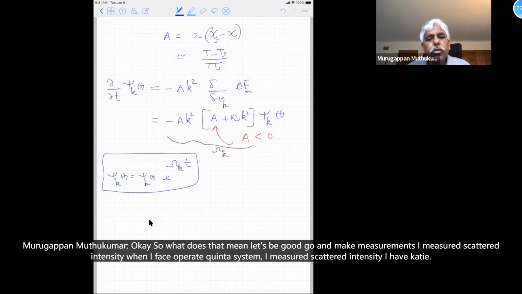So what does that mean? Let's go and make measurements. I measure the scattered intensity when the system phase separates.